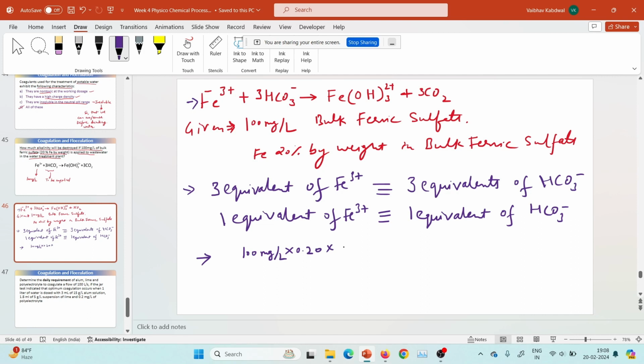This is the given weight in milligrams, so I will convert it into grams, 10 to the power minus 3 grams, and given weight divided by the equivalent weight. First, the molecular weight of iron.